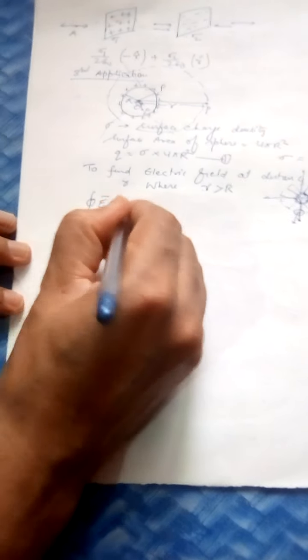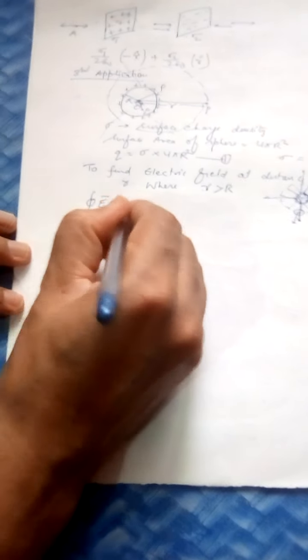So you can write E ds cos 0 is equal to sigma into 4 pi r square by epsilon naught. I think all of you have understood that throughout the Gaussian surface, the value of the electric field due to this charge is the same, meaning constant, so it can be taken out.